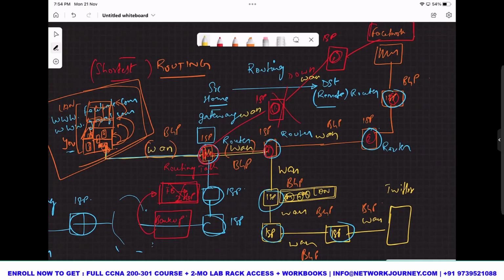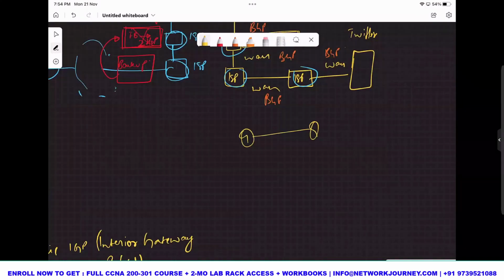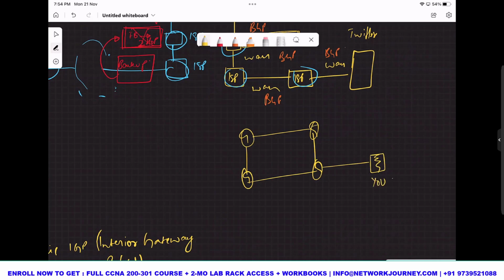Say, for example, in a LAN environment you have 4 routers, and you want to reach this one. So you put a static route to reach this, go via this. The same manual route you should also put on this one. You can say to reach that, go via this, or go via this.